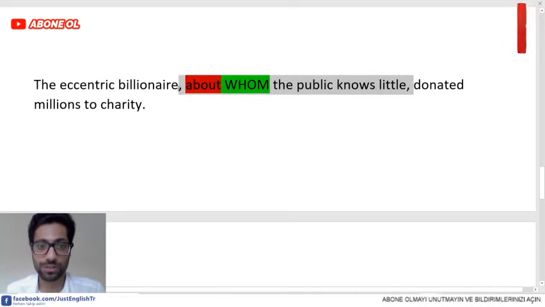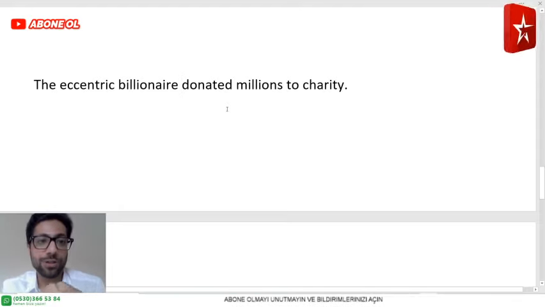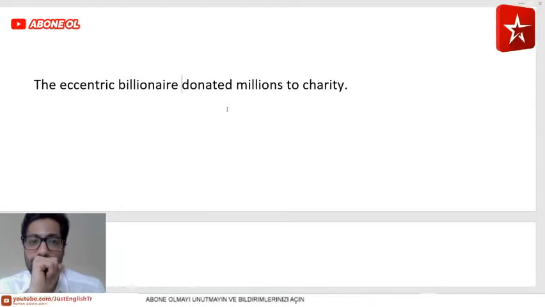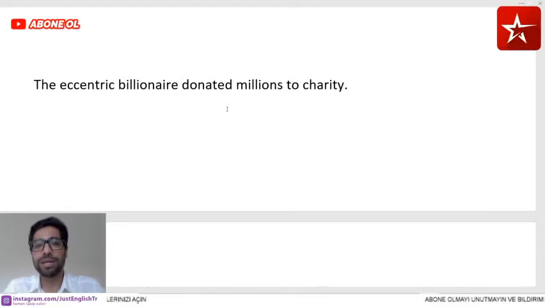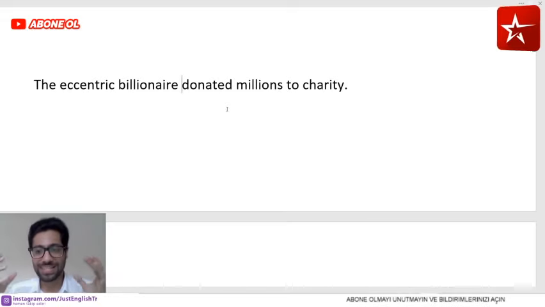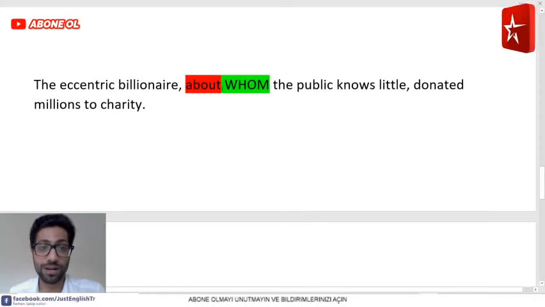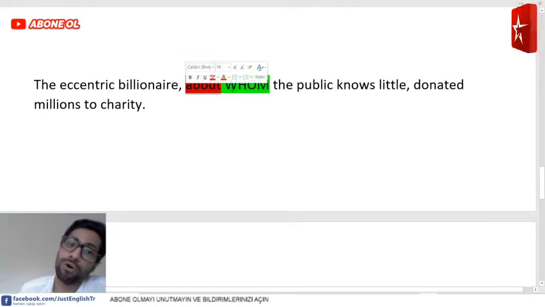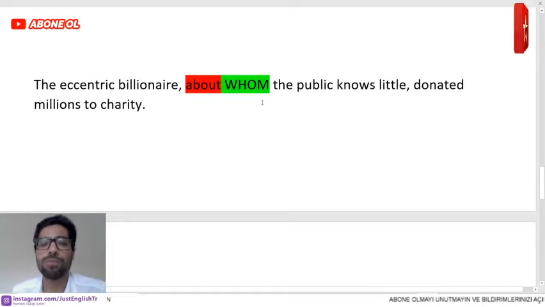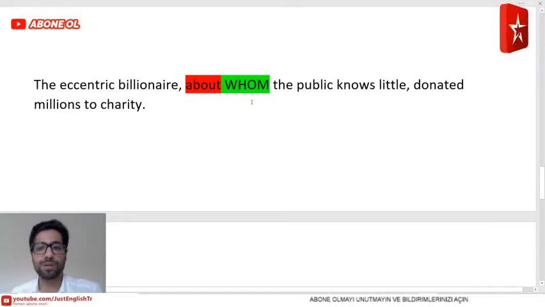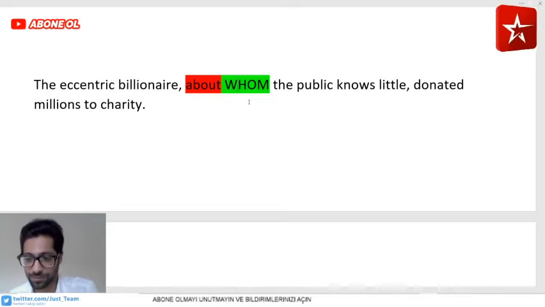Look, if I do this, it makes sense: the eccentric billionaire donated billions to charity. However, we add more information for the reader so that he can understand it. So remember here, about comes before the pronoun. However, prepositions are not commonly used so much. Some people use it because maybe they are reading books and so on, and they like to express their sentences that way.